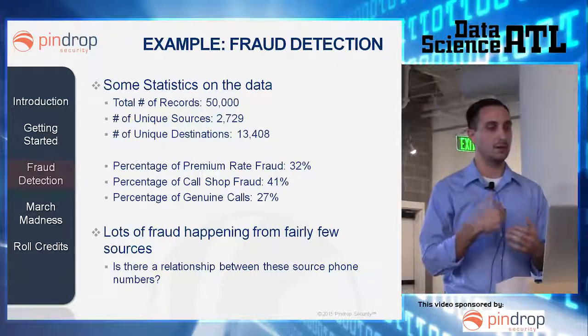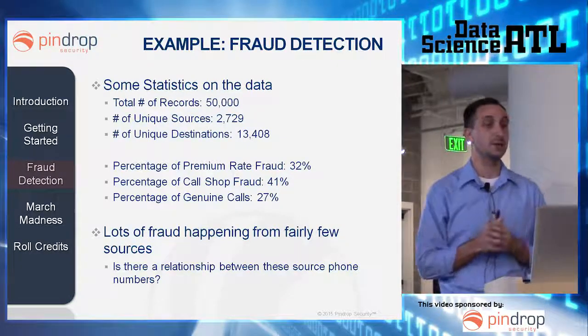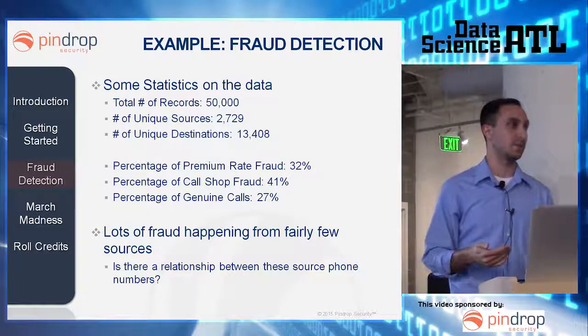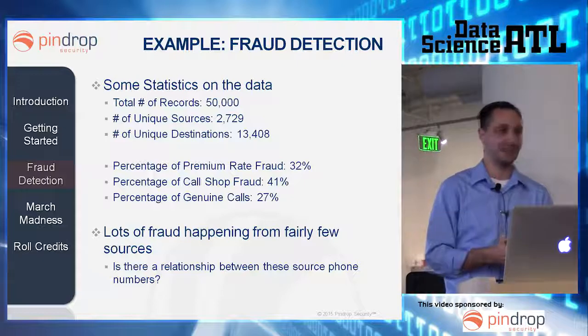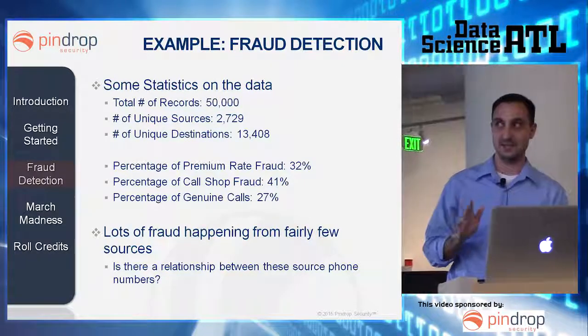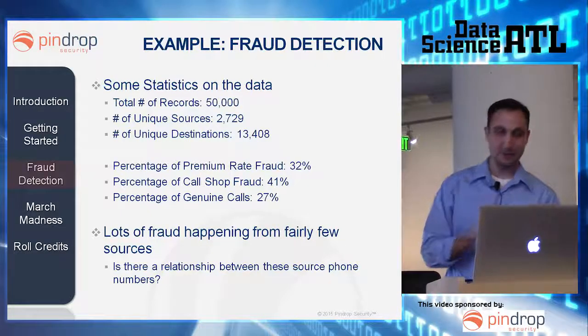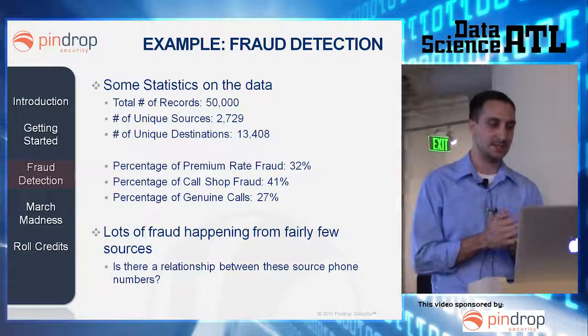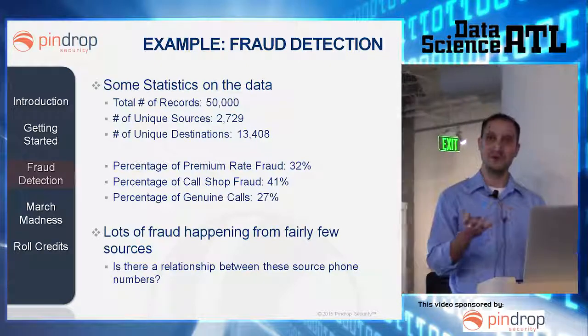And then the lesser majority is the premium rate fraud, but you can see they're having a huge issue with this fraud. There's like 73% fraud in there. So that's a big problem in and of itself, and only 27% genuine. So that's one reason why they wanted us to take a look.